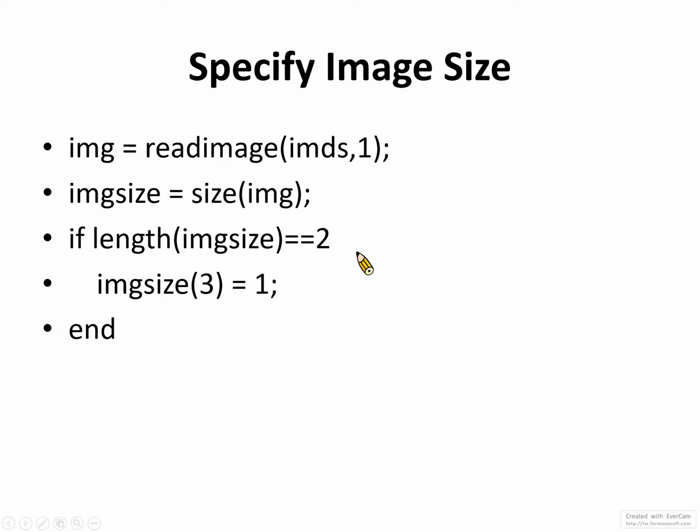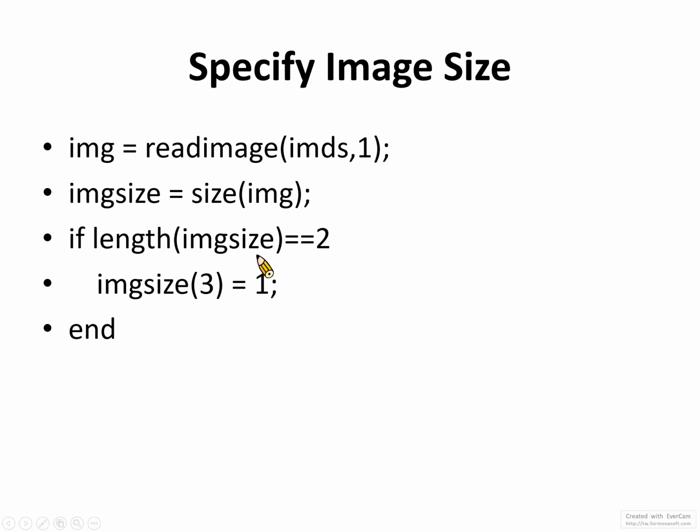Okay, so the next step is to measure the image size. We just read one image from our image data store, then we use the size function to determine the size of the images. In this case, because our images are colored images, they will be 50 by 50 by 3 layers.